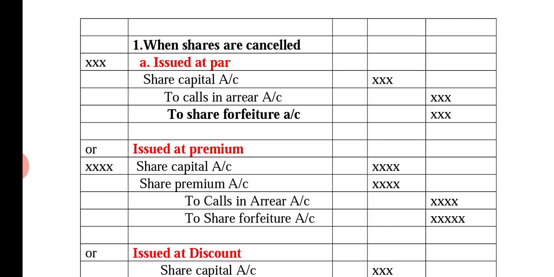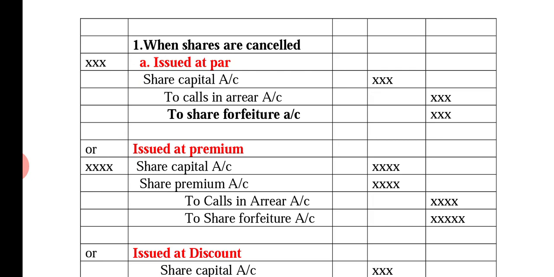Now the calls in arrear account is credited. How much amount is written on the credit side? Here, what is actually not paid? The first call amount is not paid, so you write 2 rupees in the calls in arrear account. The remaining goes to share forfeiture account. Share forfeiture account means the amount actually received from the shareholders. So it is a profit of the company.